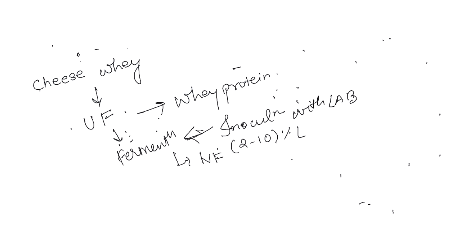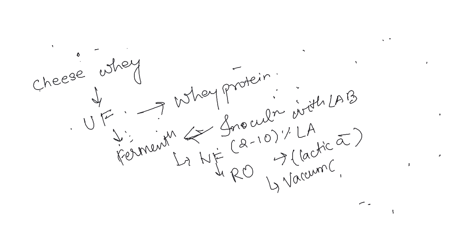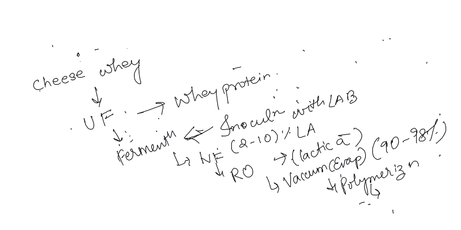Then we go for reverse osmosis, where we get the lactic acid alone. With vacuum evaporation we get 90 to 98% lactic acid. Next, we go for polymerization.